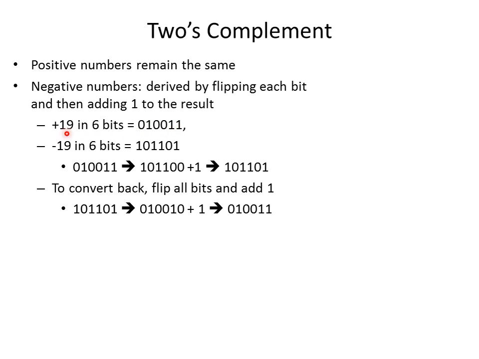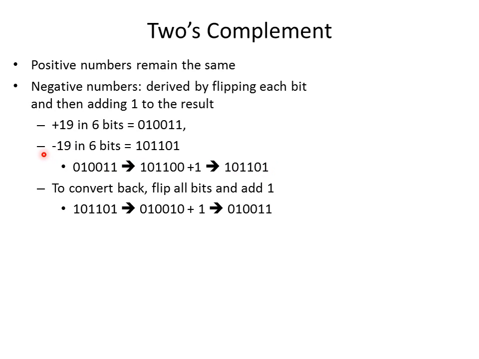So this is the plus 19 representation, and the minus 19 representation when complemented is 1, 0, 1, 1, 0, 1. This is ones complement. Now add 1 to the ones complement.